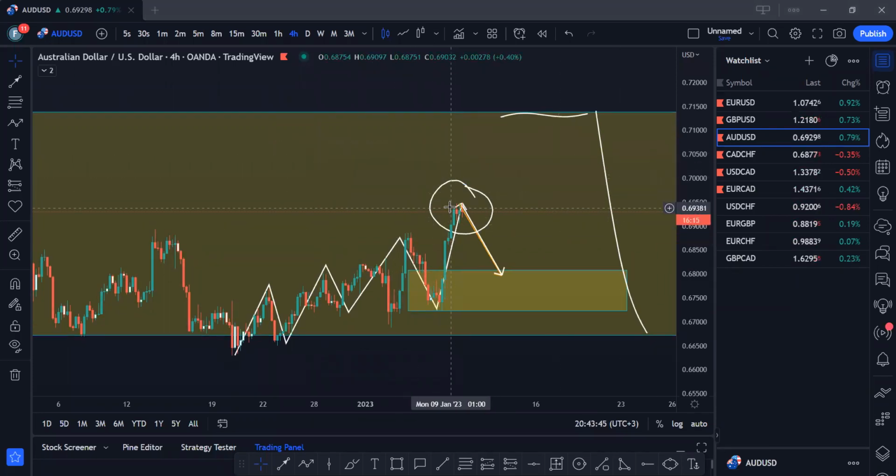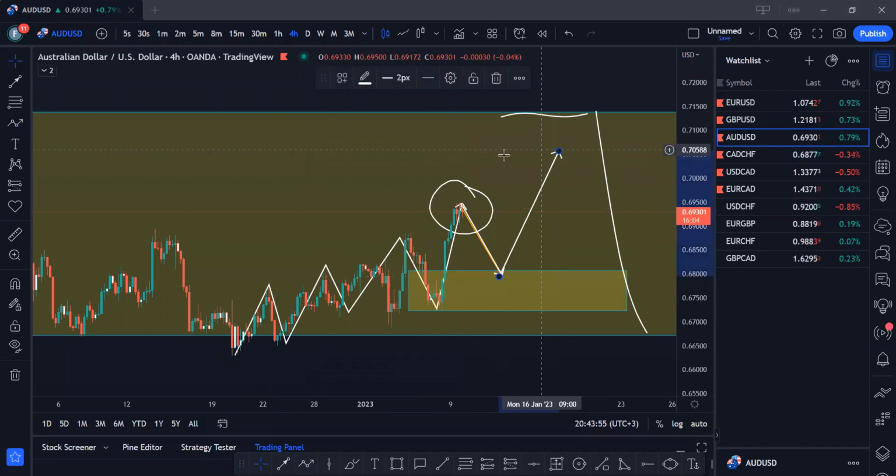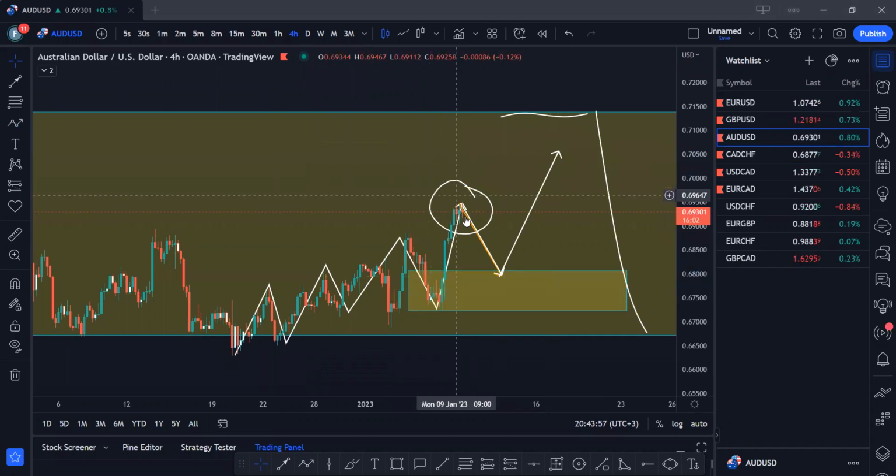So 2 possible scenarios on AUD USD: either you wait for price to retrace into this demand and you look for buy over here, or you wait for a reversal pattern to form over here. So this is 4 hours. I recommend let the pattern form on 4 hours.